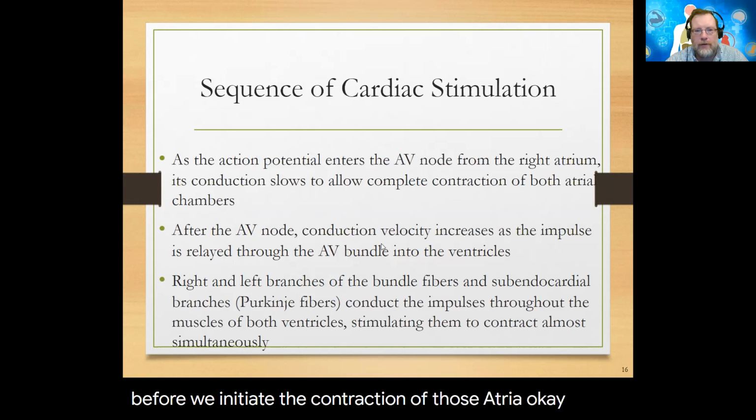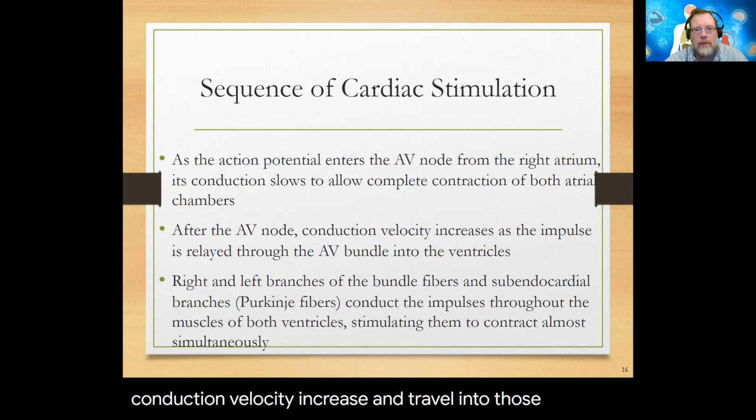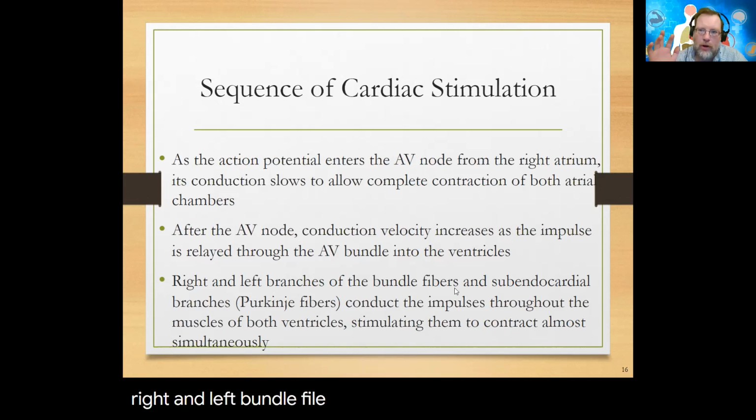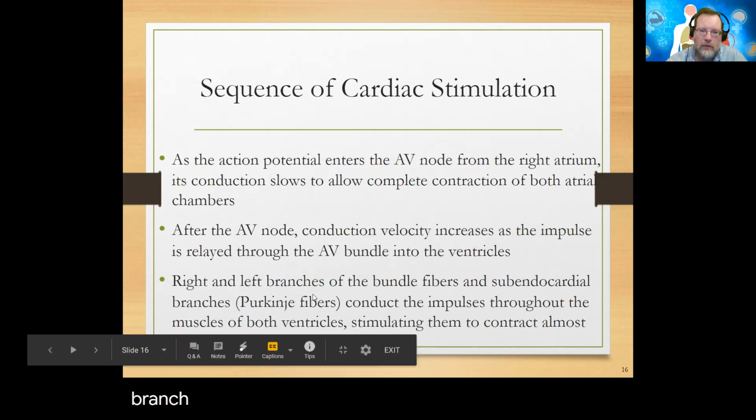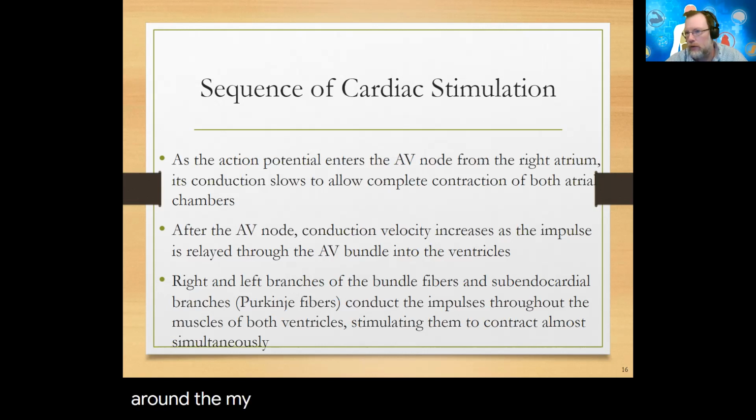Okay, and then after the AV node, we're going to see nerve conduction velocity increase and travel into those AV bundles or the bundle of His. And then we're going to have right and left bundle fiber branches, and they're going to branch into those Purkinje fibers that will travel and wrap around the myocardial aspect of the ventricles.